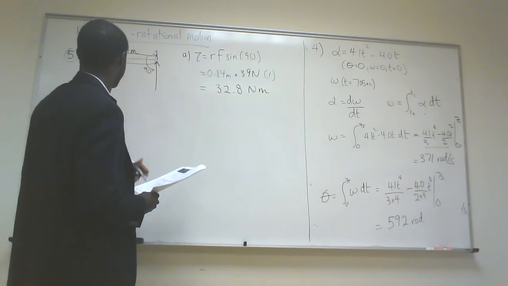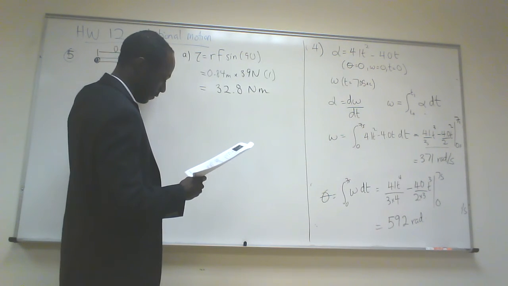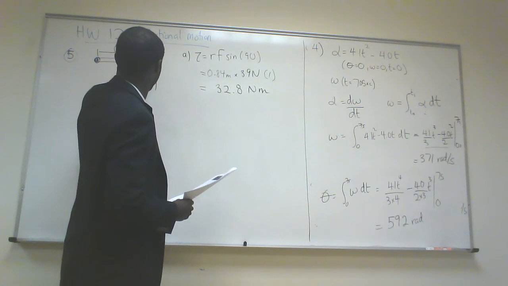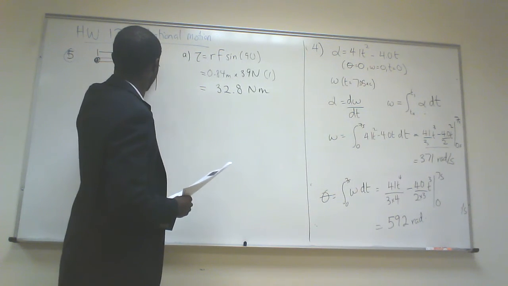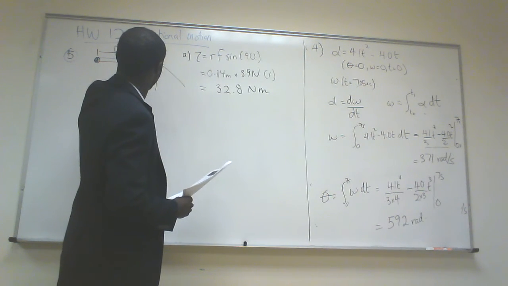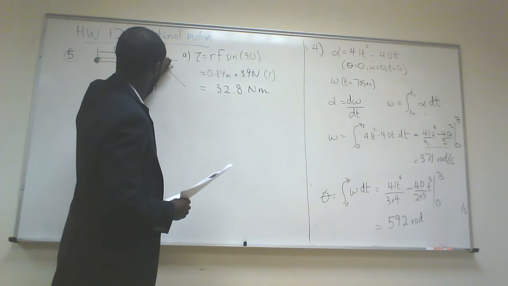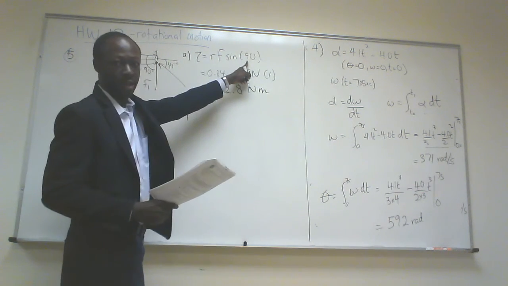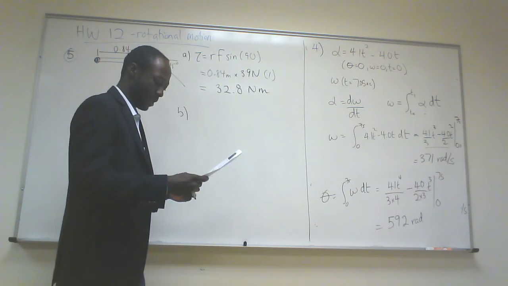In the second part, the force is exerted 45 degrees to the face of the door. So this is F1, and F2 makes an angle of 45 degrees. So it's the same expression here, except that the angle becomes 45.